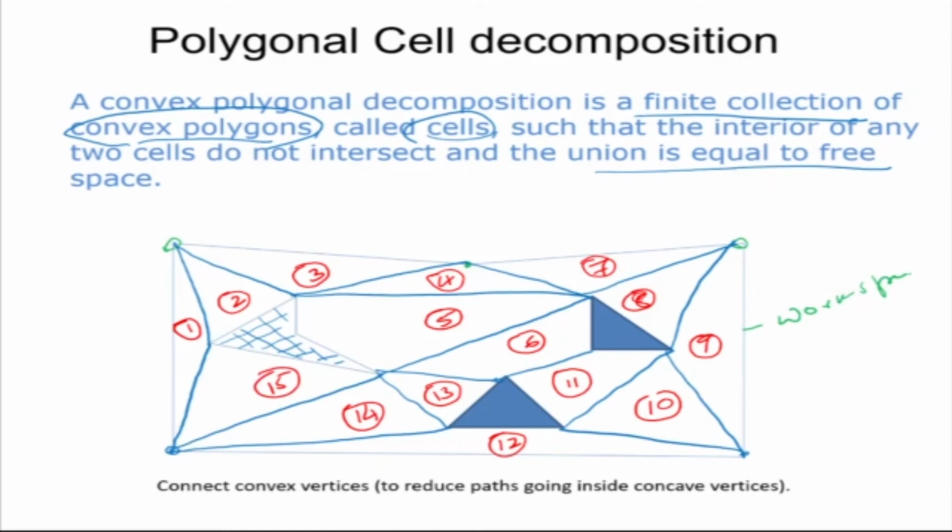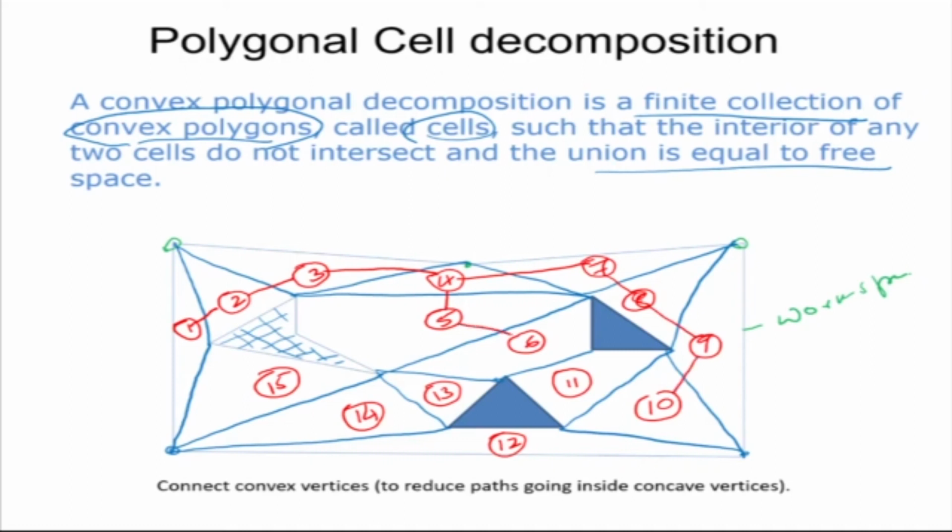I have numbered all the cells. Now if I want to make a connection diagram, what is the objective? The objective is to take the robot from some initial point to some goal point. So what I can do is make a connection diagram now. 1 is connected to 2, 2 is connected to 3, 3 is connected to 4, 4 is connected to 7, 4 is also connected to 5, 7 is connected to 8, 8 is connected to 9, 9 is connected to 10.